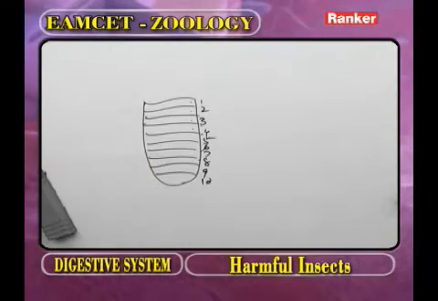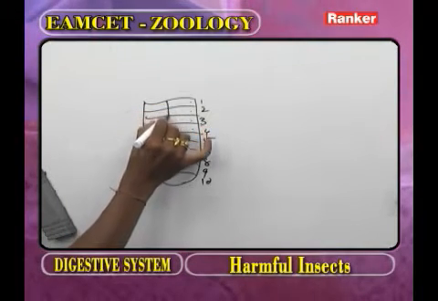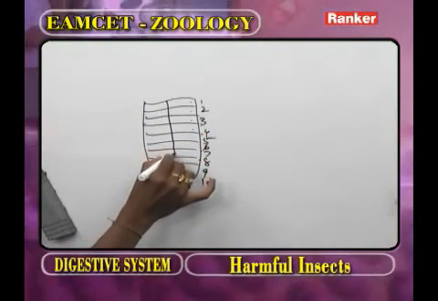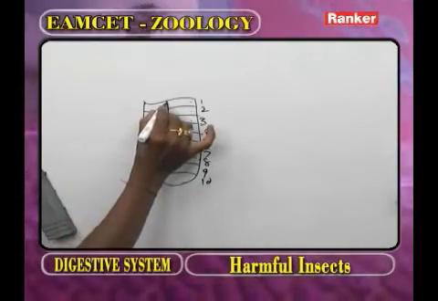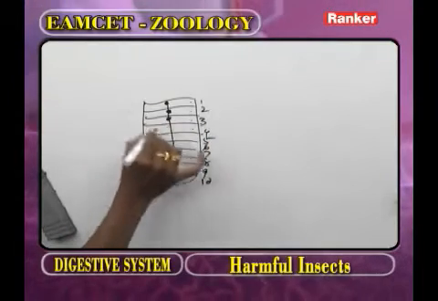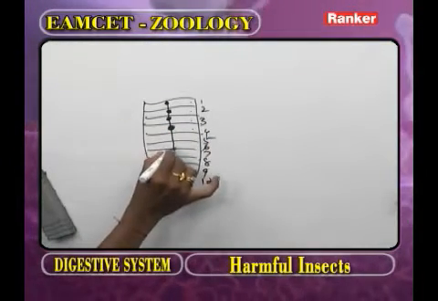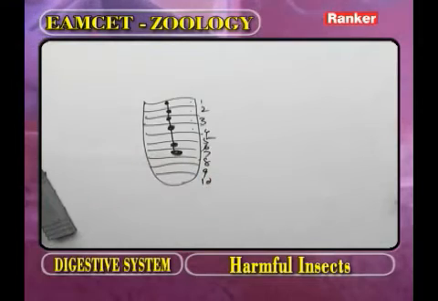In the abdominal region, the nerve cord extends up to the 7th abdominal segment. This is the first abdominal ganglion, second, third, fourth, fifth and sixth abdominal ganglia.